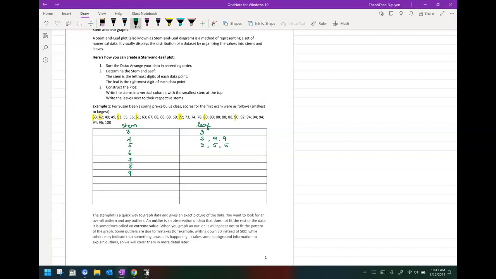In the 60s, we have 61, 63, 67, 68, 68, 69, 69. In the 70s, we have 72, 73, 74, 78. In the 80s, we have 80, 83, 88, 88, and 88.